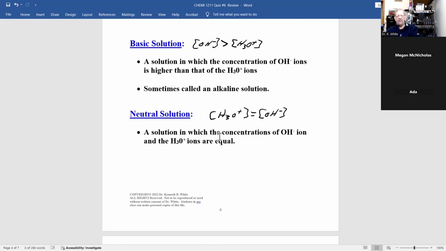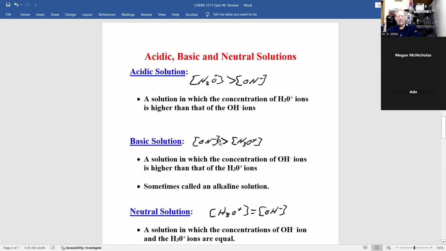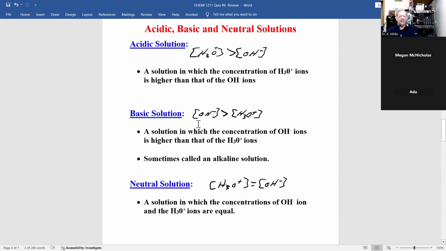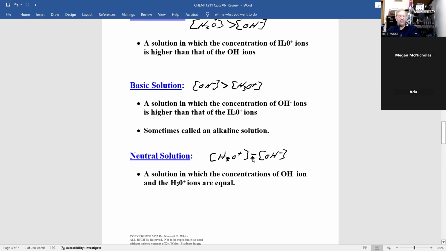Now, to think about this and say, well, what's this number and which is greater and which is smaller, and therefore it's acidic when the H3O+ concentration is greater than the OH- concentration, or basic when OH- is greater than H3O+, or they're equal as neutral. That's difficult.